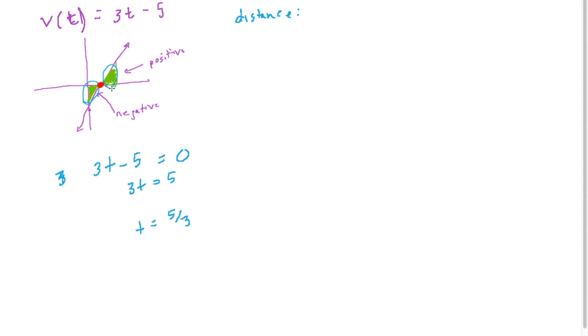So this function will change from moving to the left to moving to the right at 5/3, which means we need two separate integrals. One from 0 to 5/3, and one from 5/3 to 3 seconds.